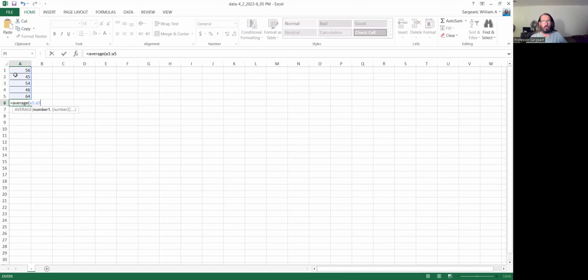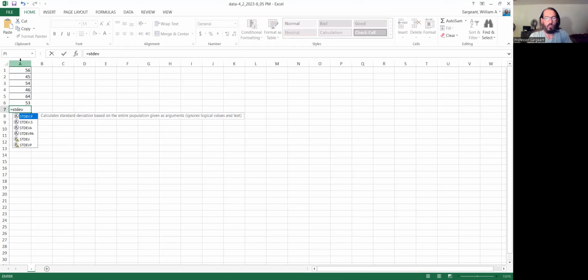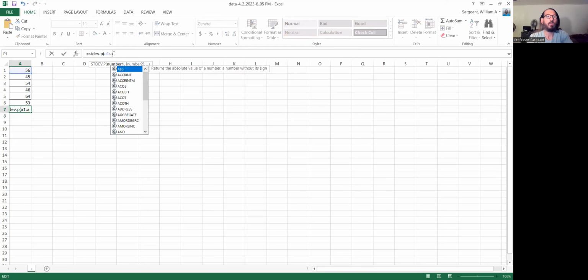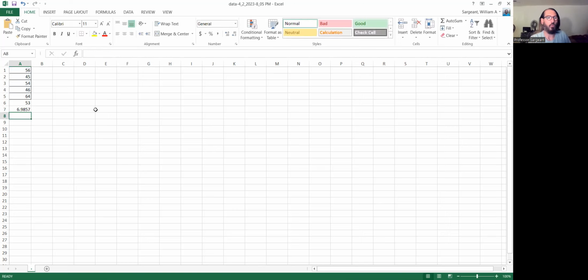I also suspect that they want the standard deviation of the population. So equals STDEV. Notice that we've got 2 options here. And I'm going to go with .p. And I need to tell it that that also was for column A, row 1, down to column A, row 5. Now I may revise that shortly, but let's see what they're asking for.